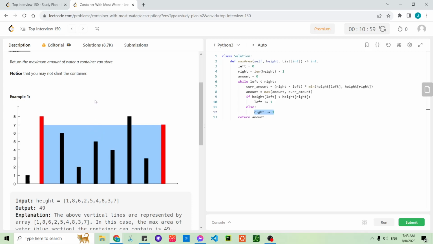And if we had moved this, then that would be moved again.